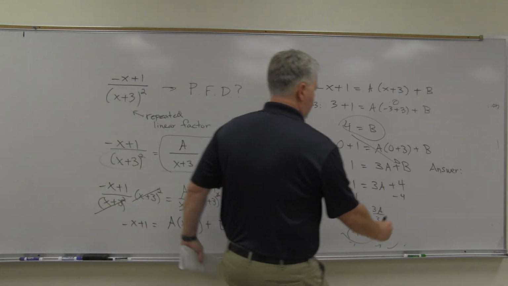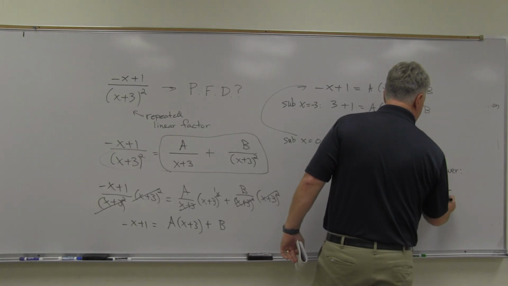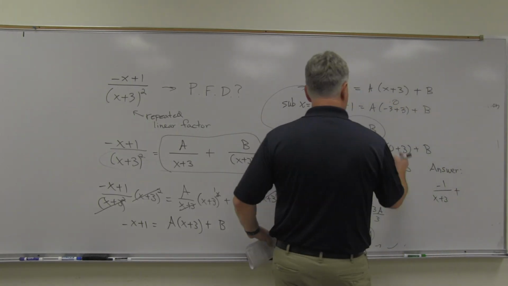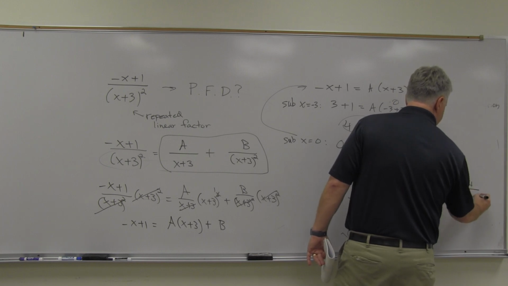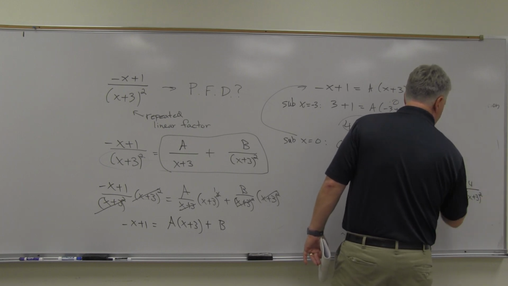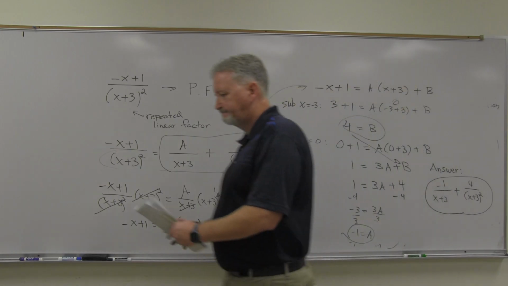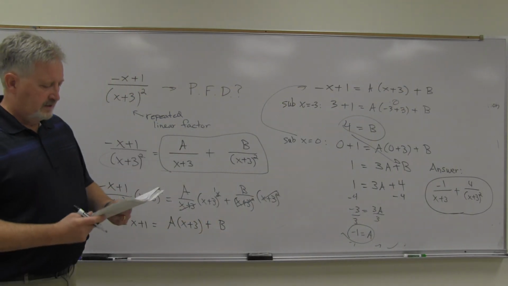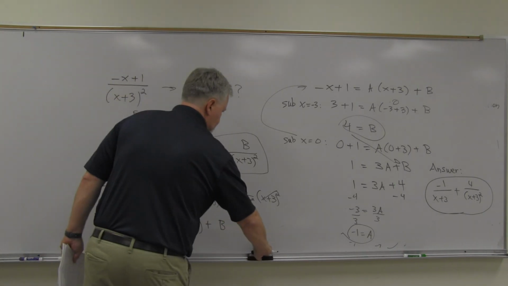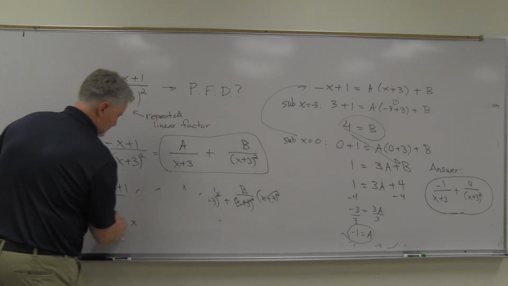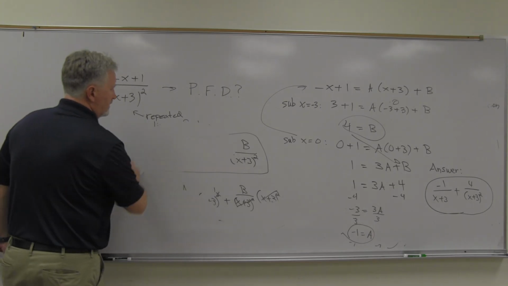So it's negative 1 over x plus 3 plus 4 over x plus 3 squared. Any questions about that?